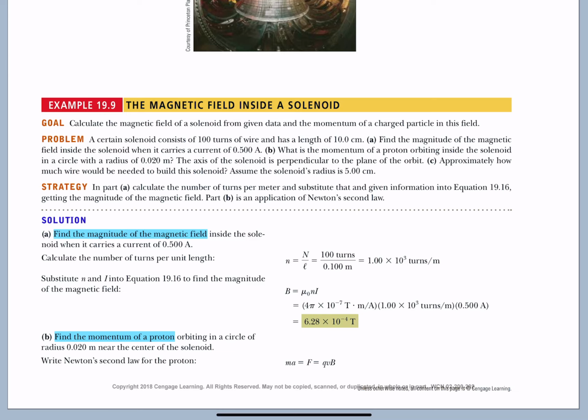Part B says find the momentum of a proton. In order to do this, we take F equals ma, Newton's second law, and set it equal to F equals qvB from earlier in the chapter.